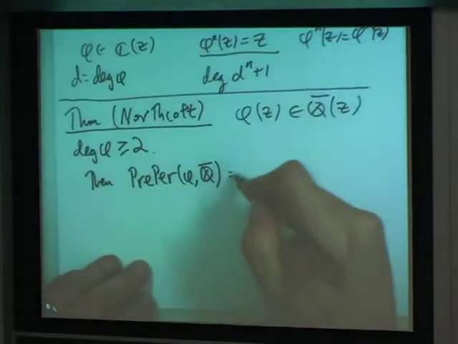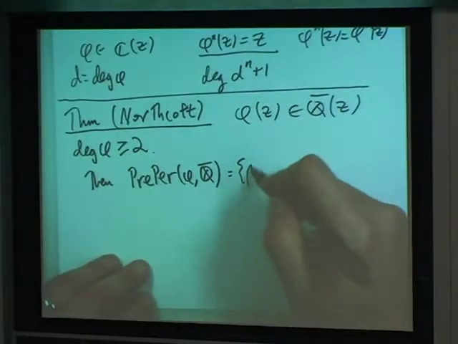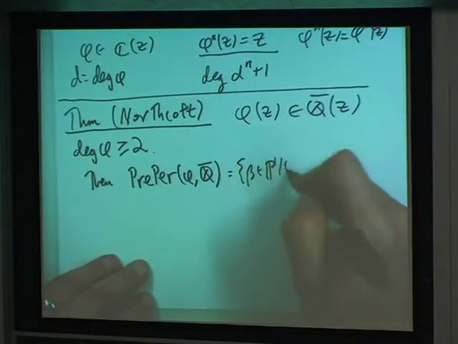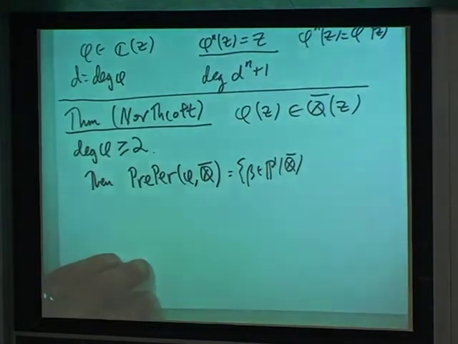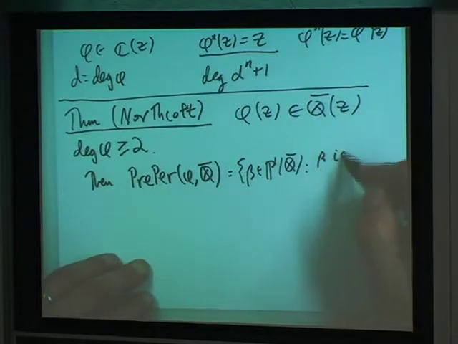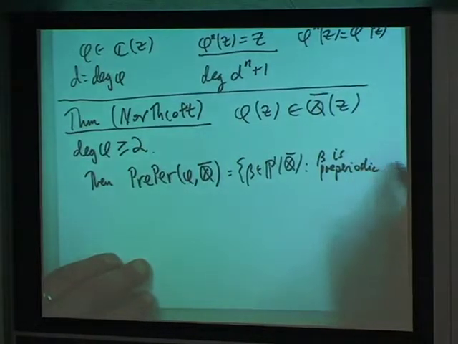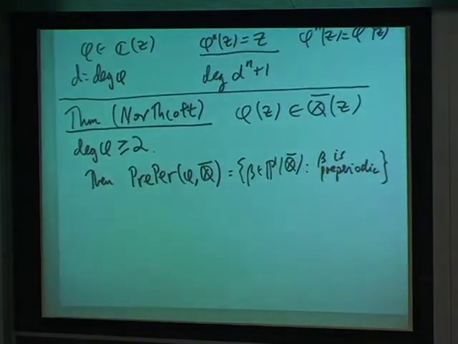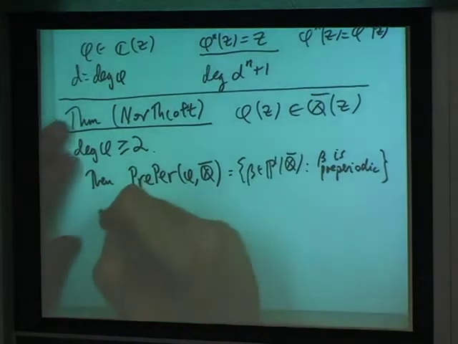So this is just the set of all algebraic points beta such that beta is pre-periodic. And what he proved, and I'm going to sketch the proof for you, is that this is a set of bounded height.